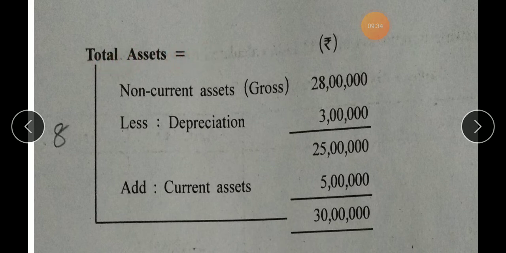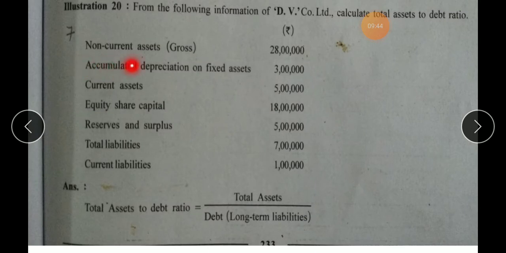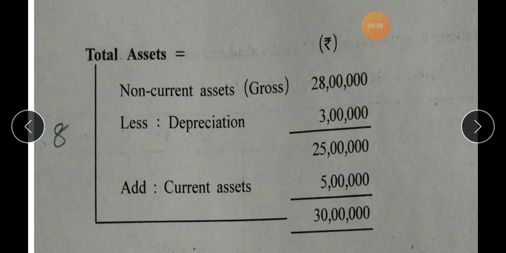Total assets. Total assets is what? Non-current assets plus current assets. But in the given question, you are also provided with depreciation. And if you remember, depreciation is always calculated on non-current assets, and depreciation is to be deducted. Yes?